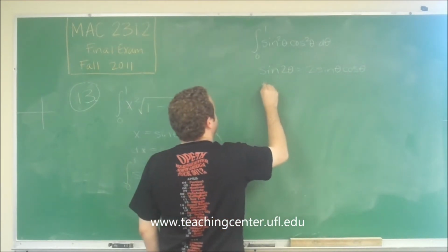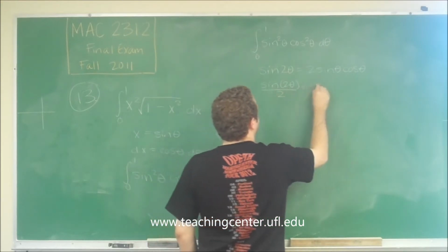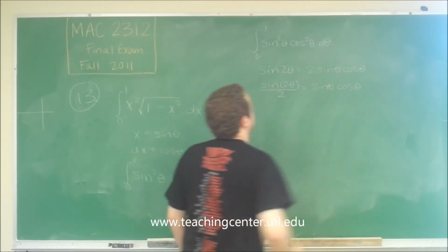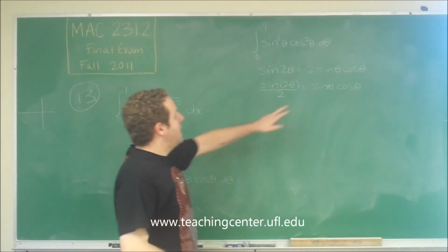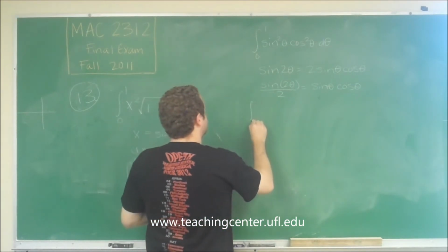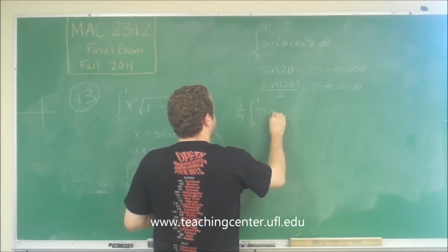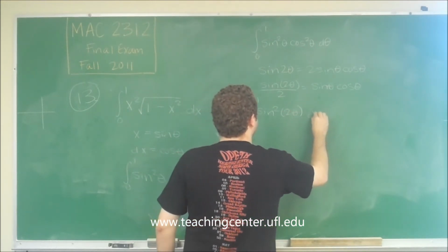If we rearrange that, you can see here that sine theta cosine theta is equal to sine 2 theta divided by 2. Now we have this squared. So we can transform the integral, and I'll bring that 1/4 to the front. Sine squared 2 theta d theta.